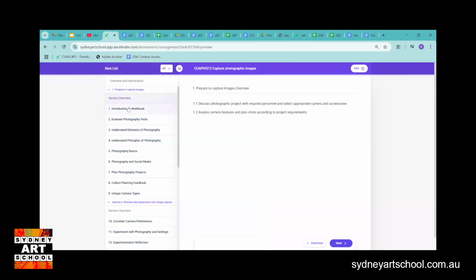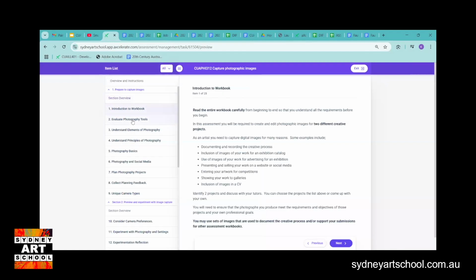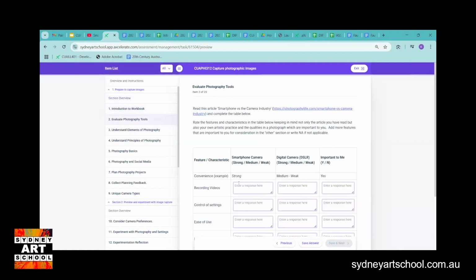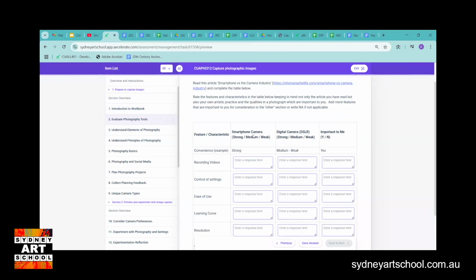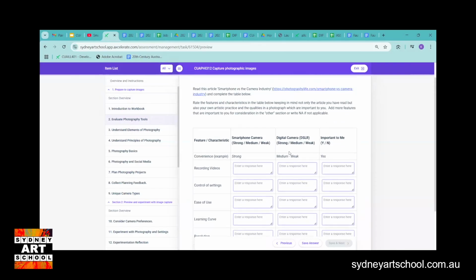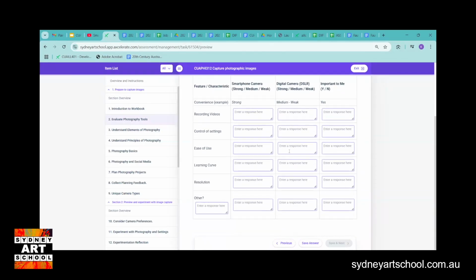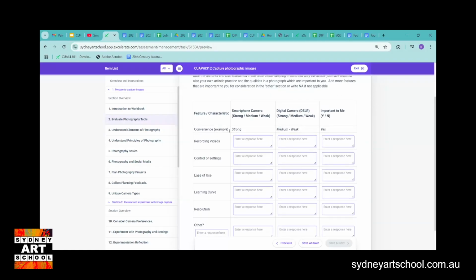What we will do is come over here to our actual workbook. If we have a look here, we've got smartphone versus the camera industry, and features and characteristics of a smartphone versus, say, a digital camera or DSLR, and whether those are important, whether those are something that you care about, making comparisons between these different tools.